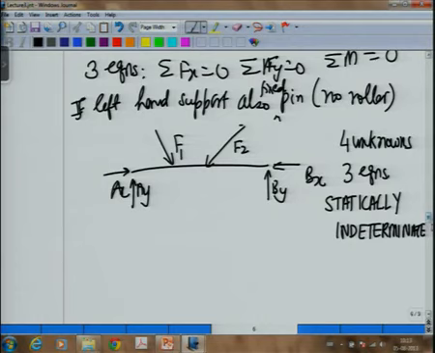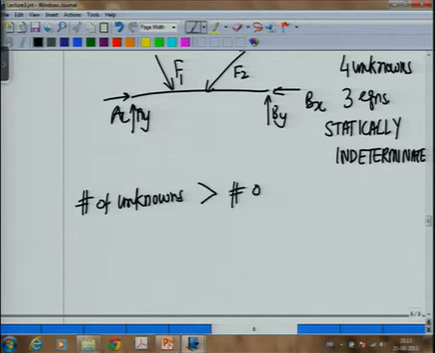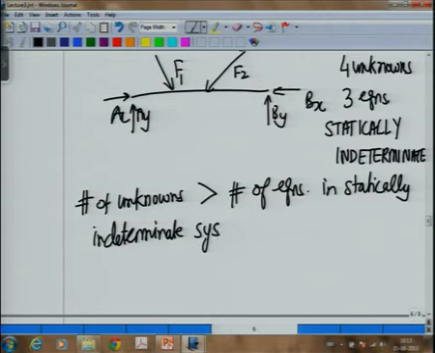So, that means number of unknowns is more than the number of equations in statically indeterminate systems.